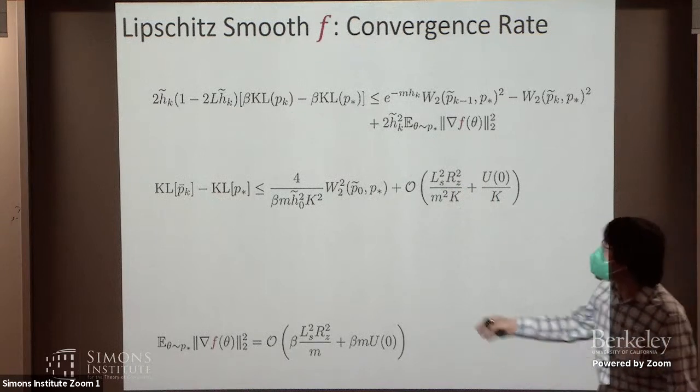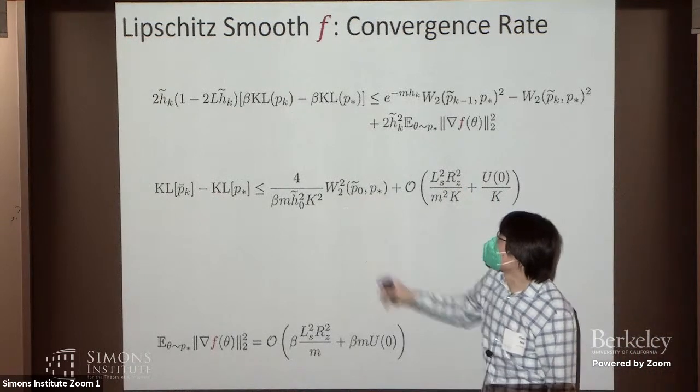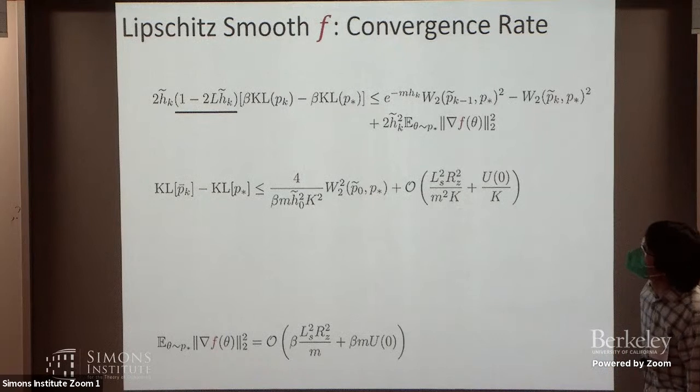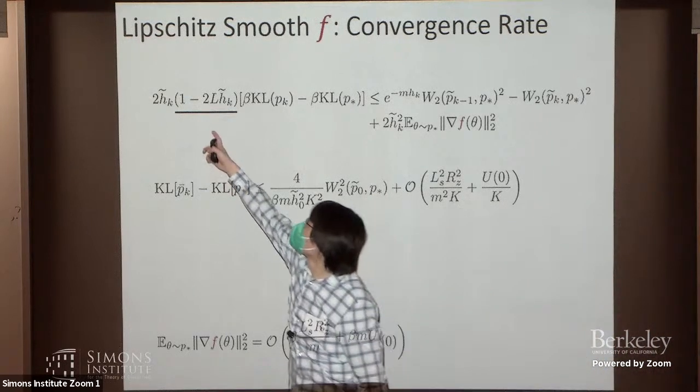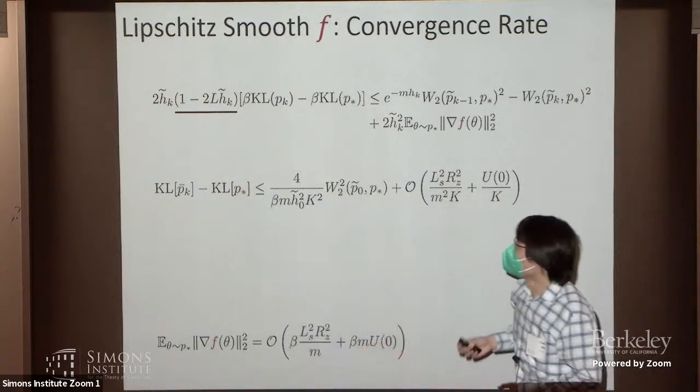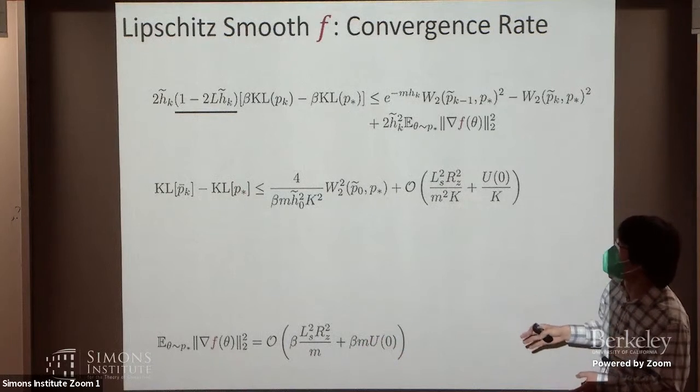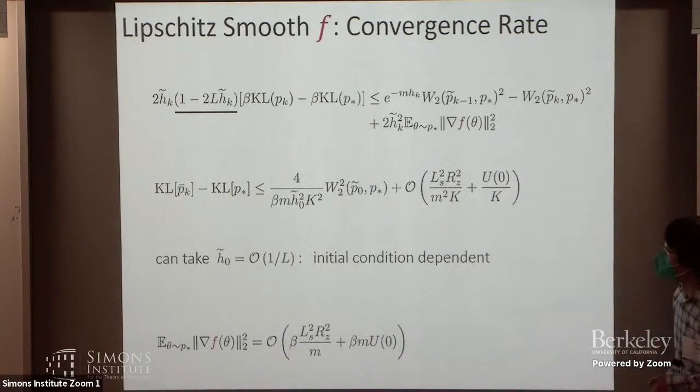And then here there's this initial condition. Because we have this 1 minus L times h term, we can no longer take h0 to be infinity. So we do have this initial condition dependence, and the best we can take for h0 is 1 over L.